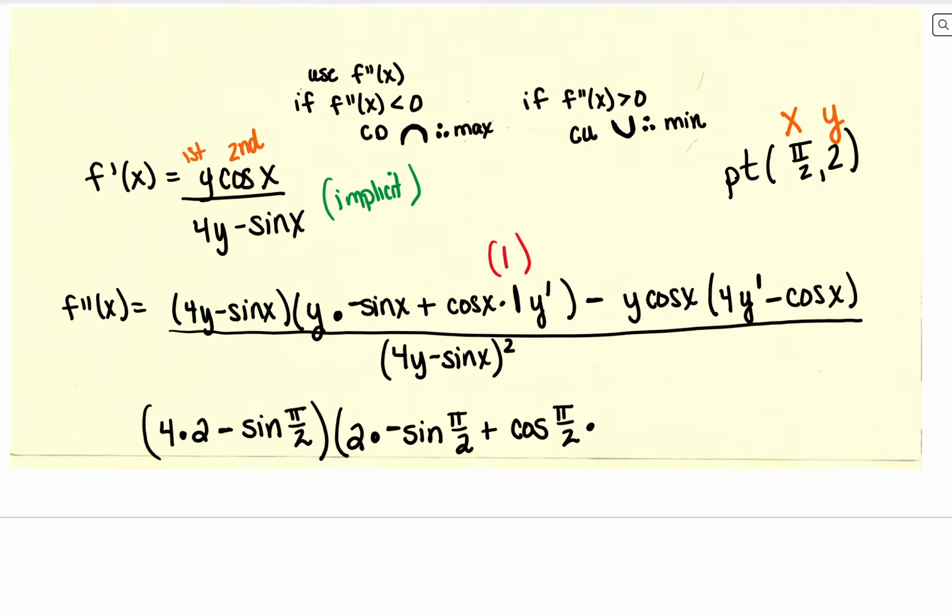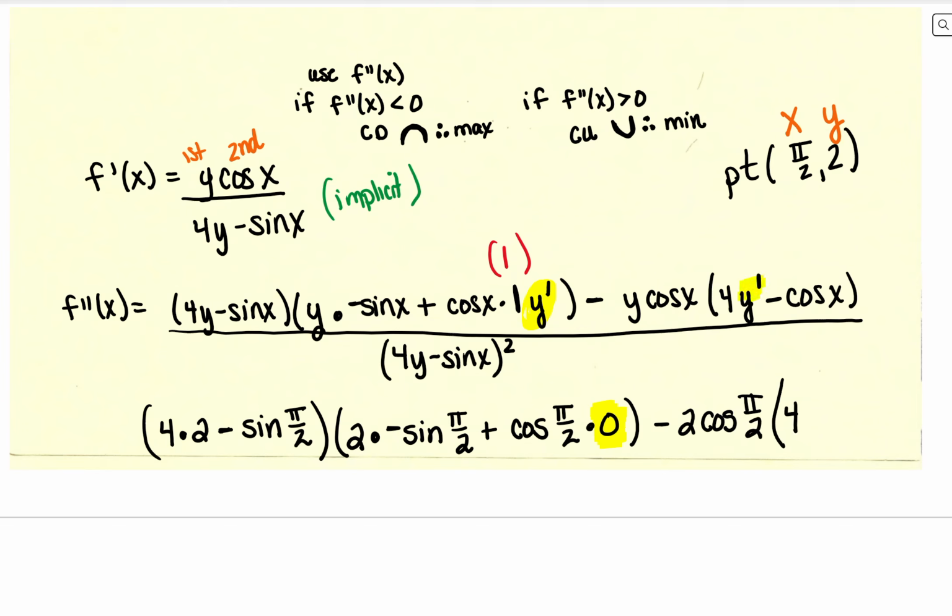Okay, let's think about this. y prime is the first derivative. Well, isn't this first derivative like having a horizontal tangent? So we're going to put in 0. Everywhere you have the first derivative, we're going to put in 0 because it's a horizontal tangent. So minus, and then where y is, we're putting in a 2. Cosine x, we're putting in a pi over 2. 4, but again, here we go again.